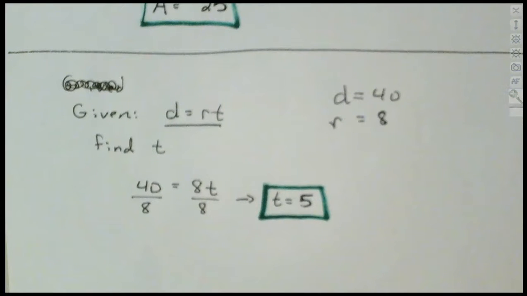And let's see. Let's look here at a couple of these. Let me find a couple of them for us to look at here. And these are just going to be using the formulas from the back cover of our textbook.